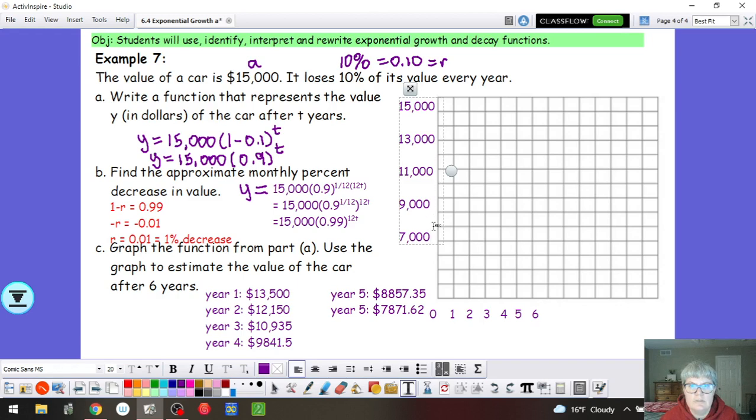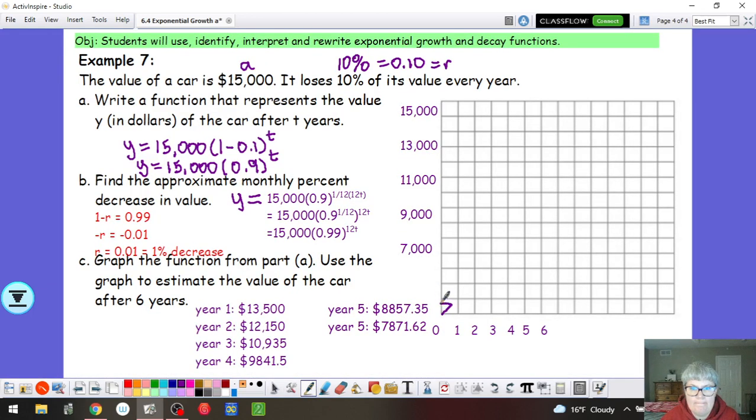I'm going to put a break in here. So we start at 15,000, then we're at 13,500, then 12,150, then 10,935, then 9,841, then 8,857, and then 7,971.